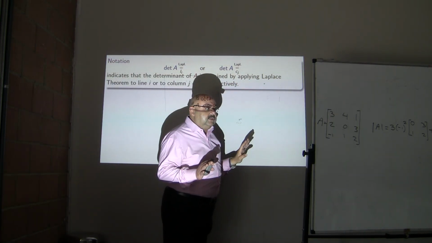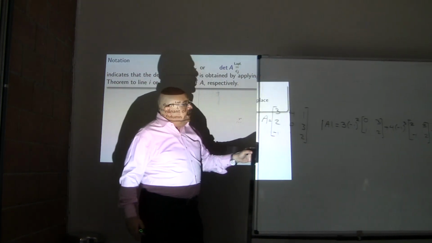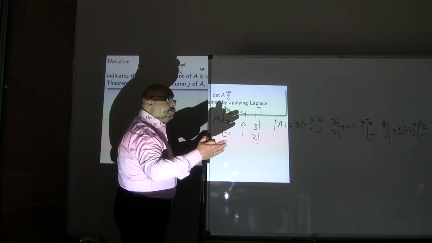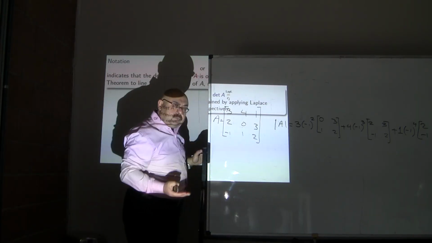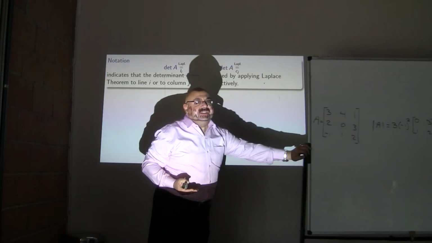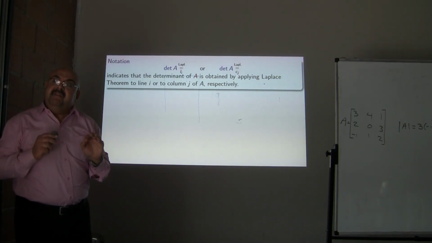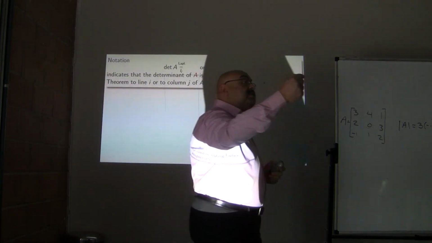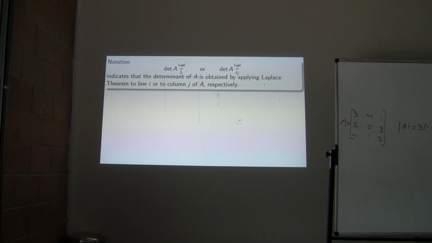It will make no difference. If I want to evaluate the determinant of this matrix, I can choose any row or any column, and the value of the determinant will be the same, as long as you consider the sign rule and the correct algebraic complements.